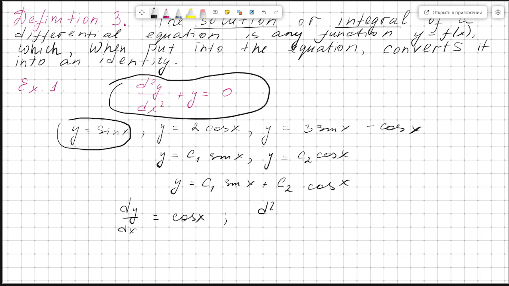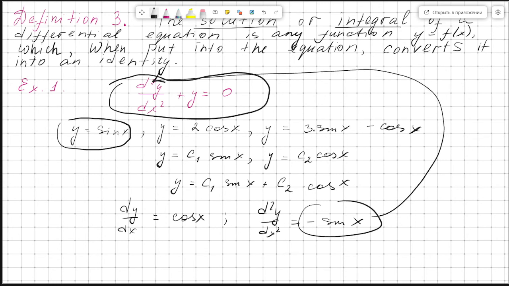The second derivative will be minus sine of x. After substituting the second derivative and the function y, we have minus sine of x plus sine of x equals 0. Identity.